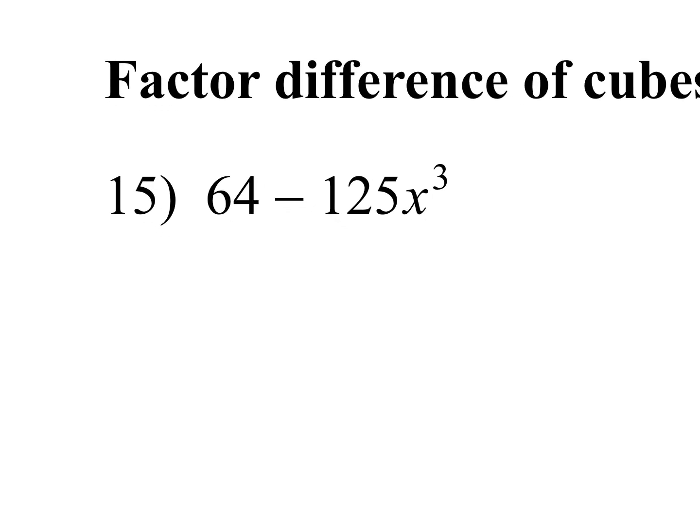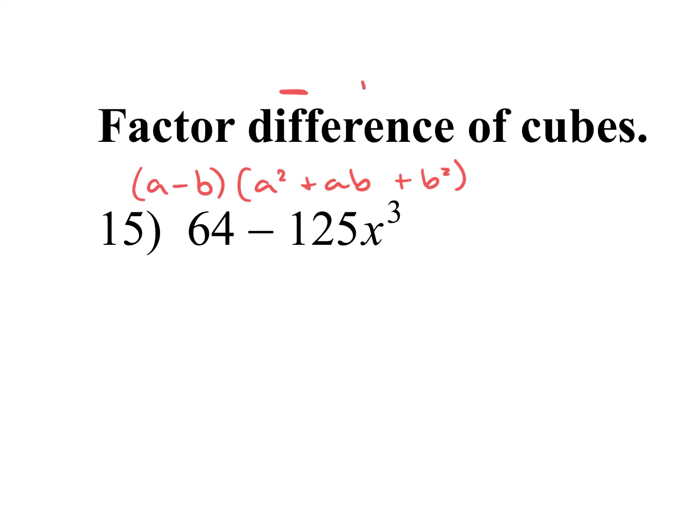So we do the same thing here, but the only difference is our formula is a little bit different. So here we have a minus b, a squared plus ab plus b squared. So difference of cubes, the formula goes minus plus plus.